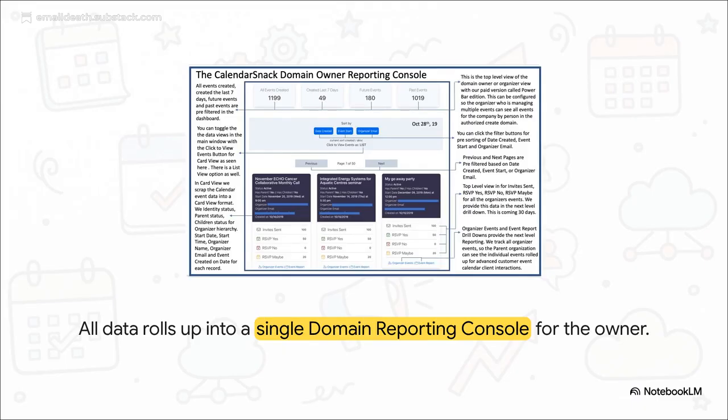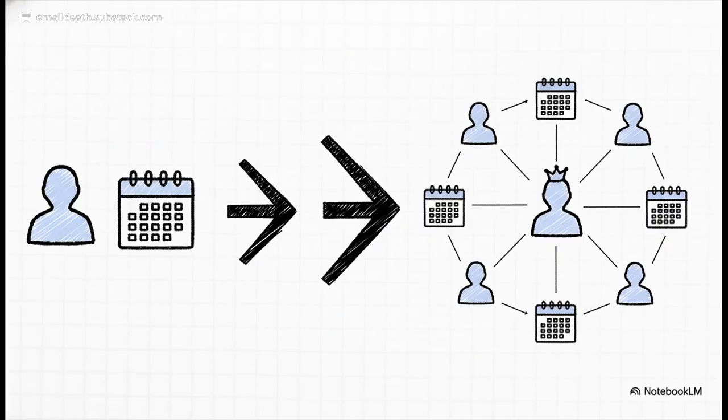For you, the main account owner, all of that individual data rolls up into a single top-level dashboard. It's called the Domain Reporting Console, and it gives you a complete, unified view of every event created by every organizer across your whole organization. This is what allows you to scale from just managing one person's schedule to, well, orchestrating an entire league, an entire ecosystem of events, all while keeping that all-important centralized oversight.